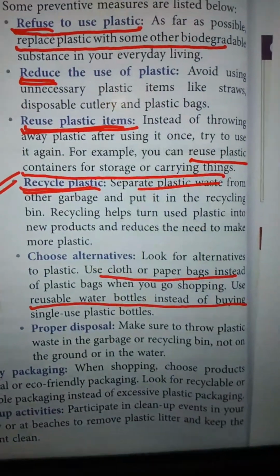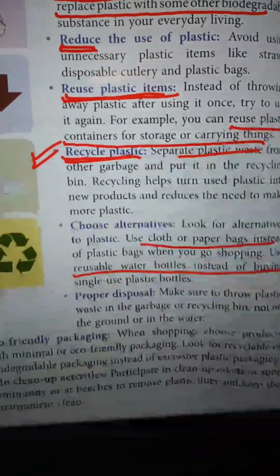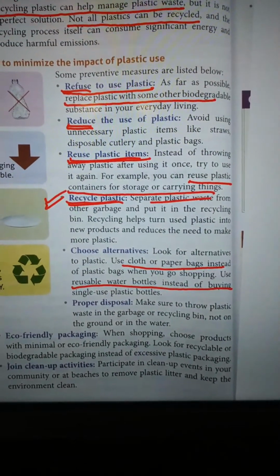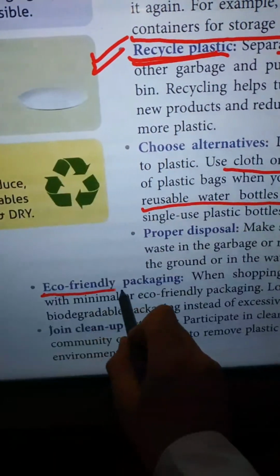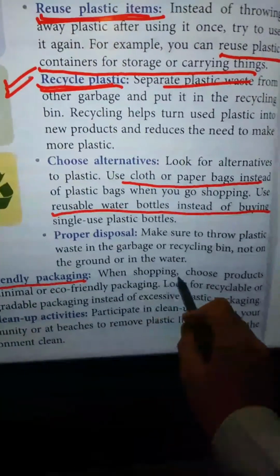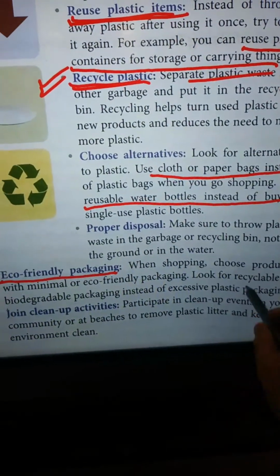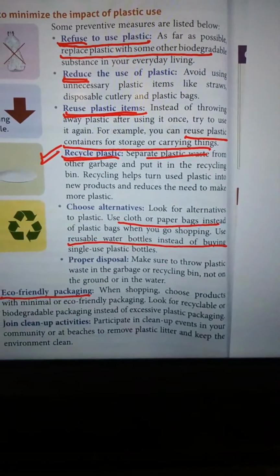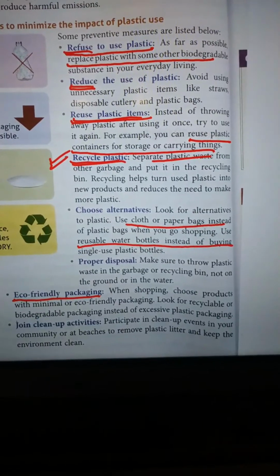These days, plastics are being recycled by the government, so whenever anyone is throwing plastic, send it for proper disposal. Eco-friendly packaging: whenever you shop, choose products with minimal or eco-friendly packaging. Most shops use paper bags or recyclable material.